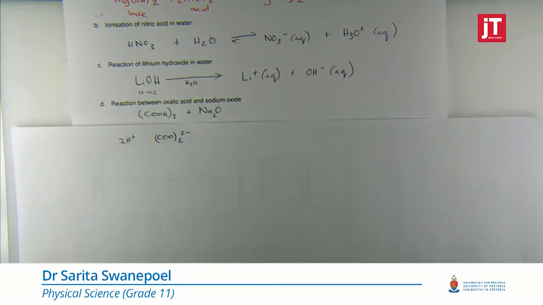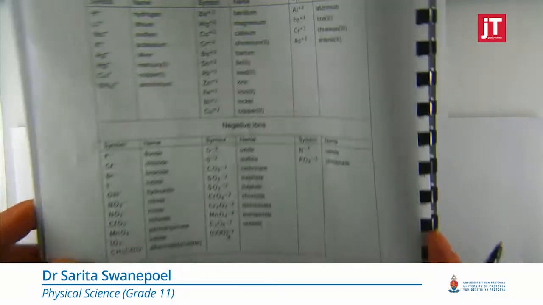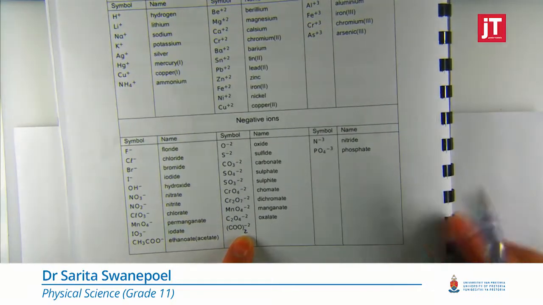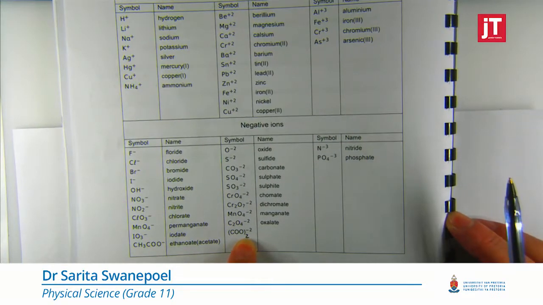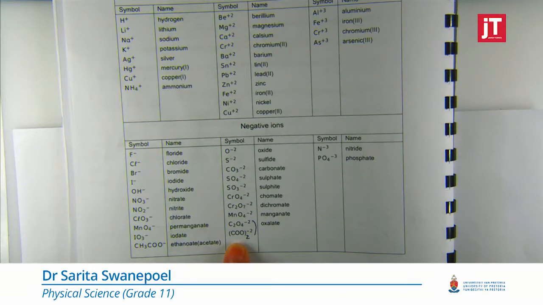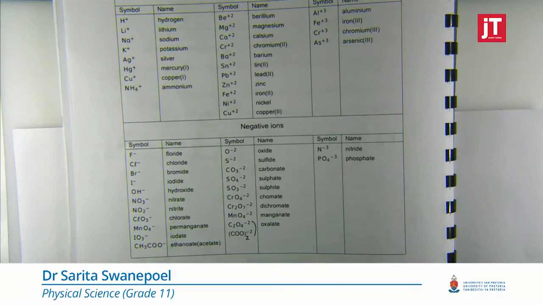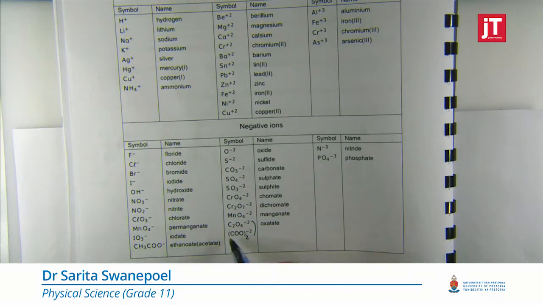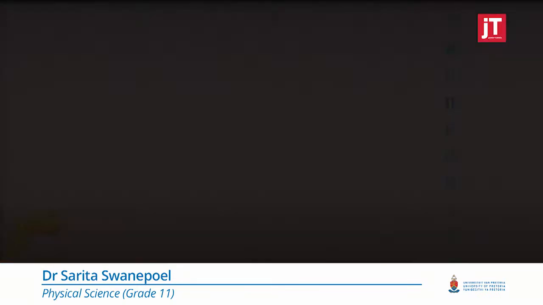That was on page 14. I hope we corrected that one, right. Oxalate, oxalate. So if you have oxalic acid reacting, it will make something oxalate. So the oxalic acid, the negative part is oxalate.